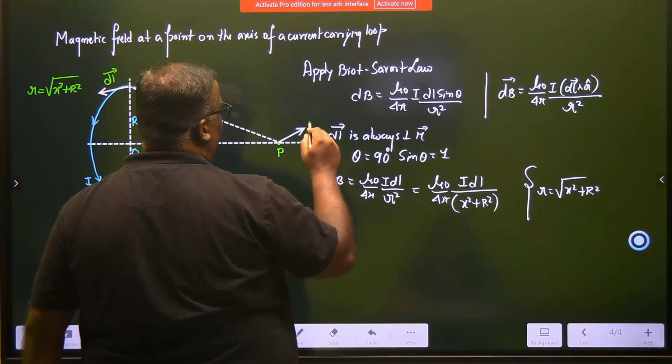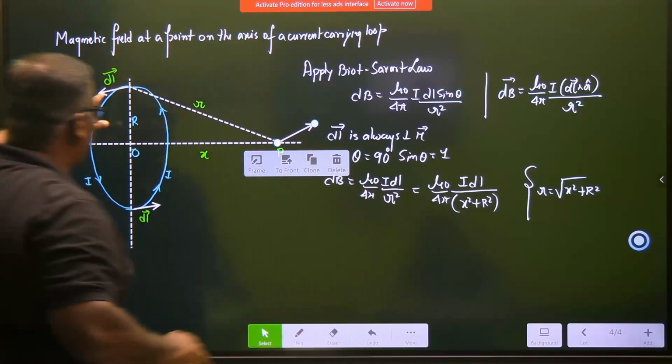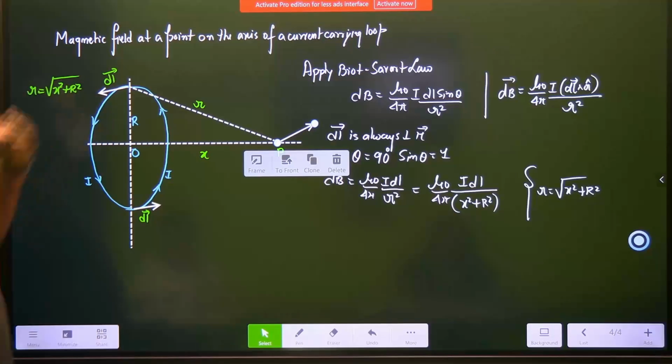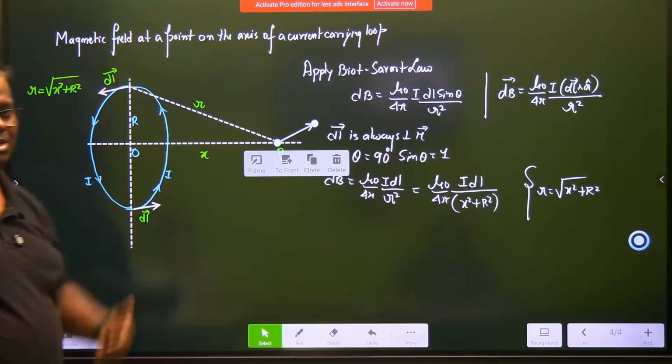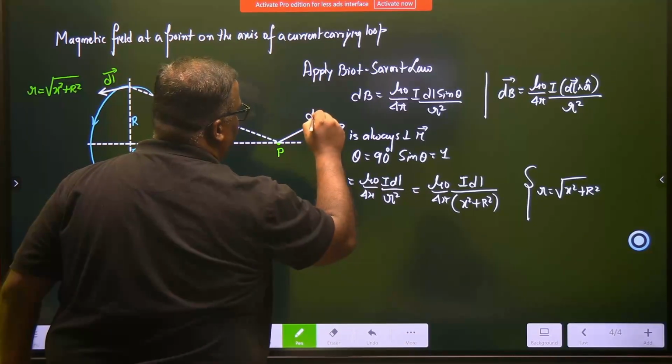In this 2D view, you will see this almost parallel to this. This is coming out this way, that will go out that way. You'll see them as parallel. So this is my dB.